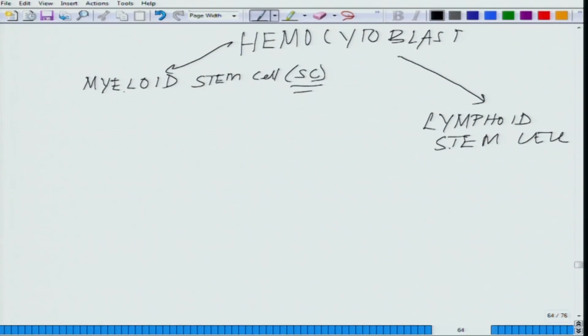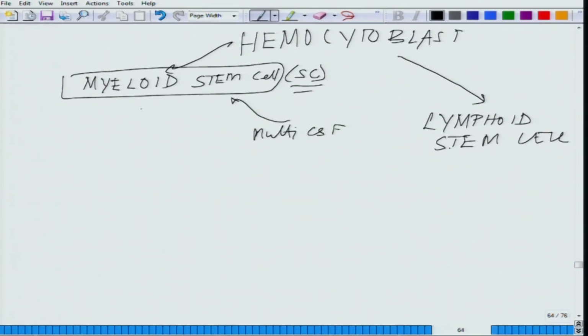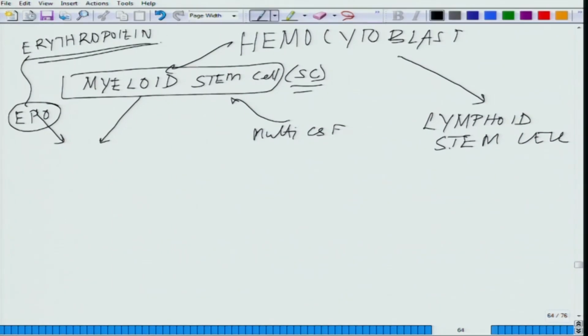These myeloid stem cells, under the influence of a factor called multi-CSF, and a few other molecules such as erythropoietin, EPO, form certain elements. Under the influence of EPO, some of these myeloid cells form the precursor cells for RBCs.